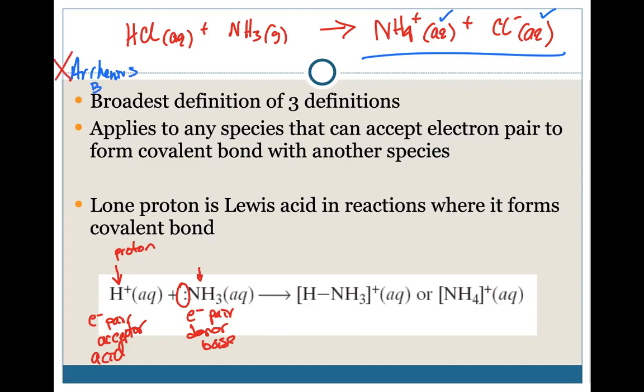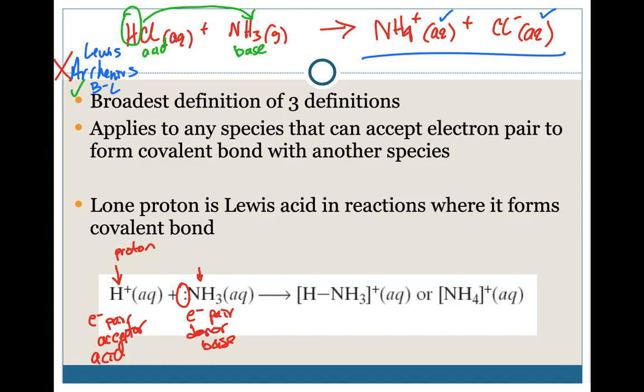Then the second definition, Bronsted-Lowry. Does Bronsted-Lowry apply? Absolutely, because you have a proton being donated to another compound. That makes HCl the Bronsted-Lowry acid and ammonia the Bronsted-Lowry base.